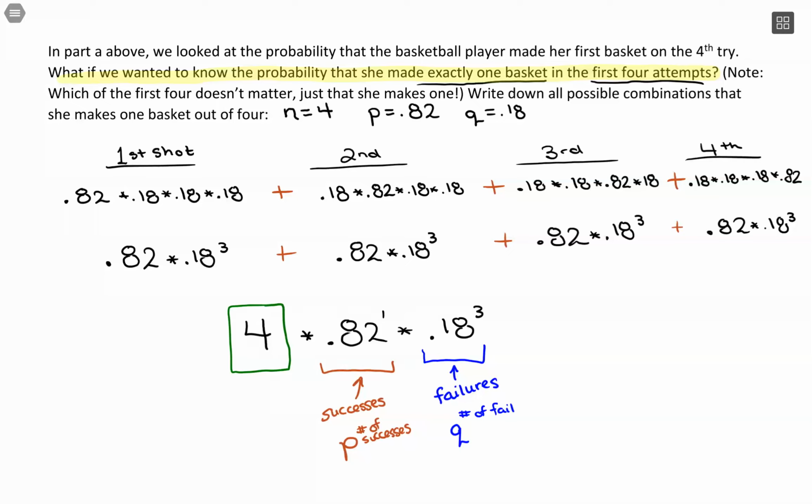Now the tricky part is this one right here. This number coming through is describing the number of ways this can occur. So in our case, it was that there were 4 possibilities to have 1 success out of 4 attempts. This calculation comes from something called a combination.